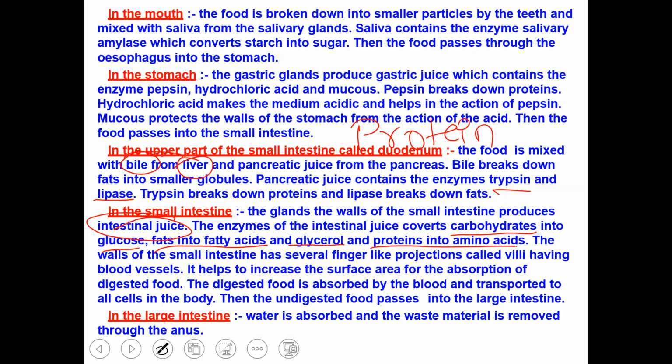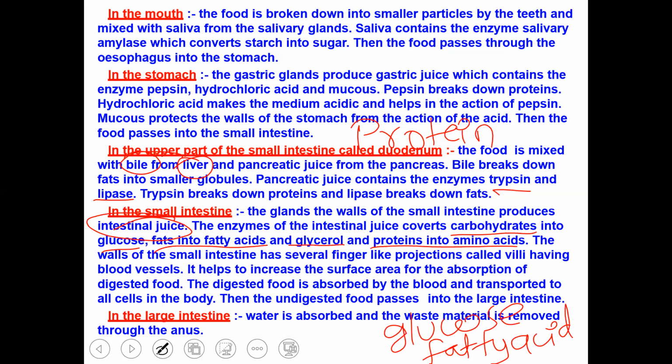So the complete digestion takes place in small intestine, where the complex nutrients will be converted into simpler, absorbable forms. Carbohydrates will convert into glucose, which is the simplest form of carbohydrate; fats into fatty acid and glycerol; and protein into amino acids, right?